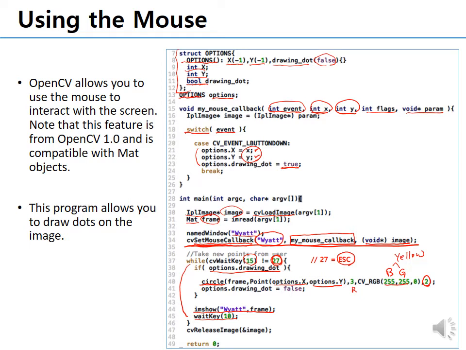So this is the old-fashioned way to make an image and destroy an image. In the Mat command, we don't need to release the frame memory, but in the old-fashioned one, when we create an image, we should destroy that image memory.